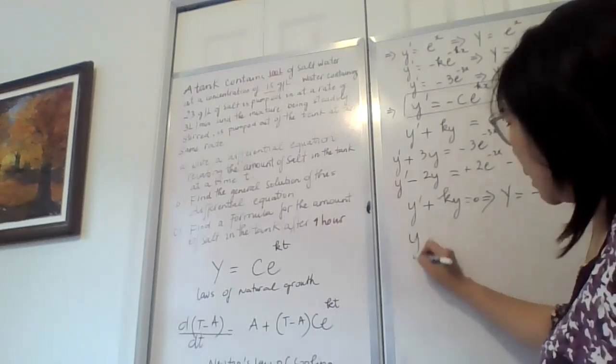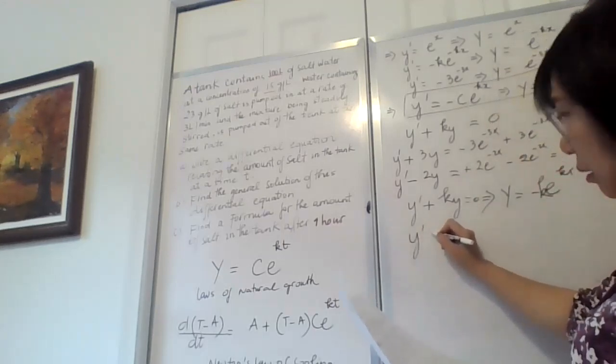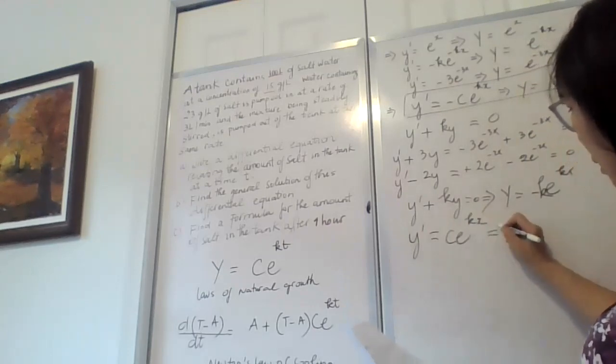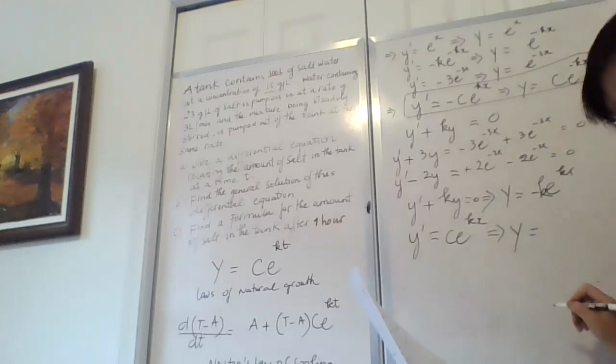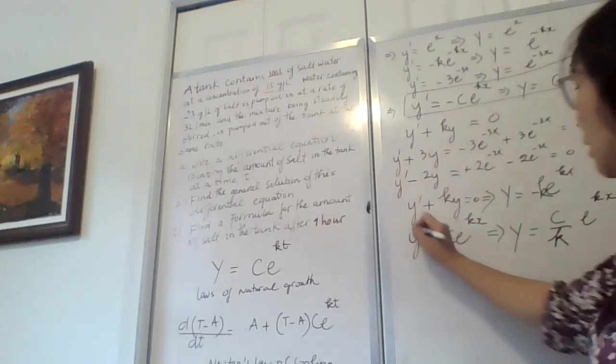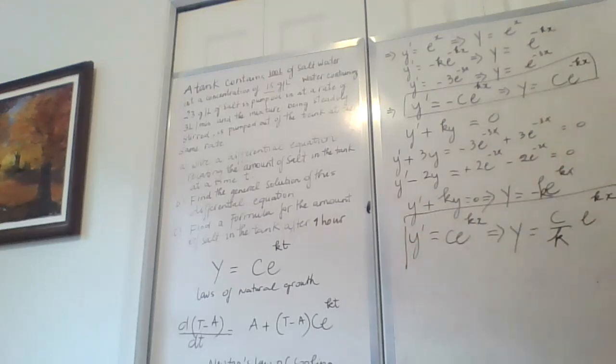And if your y prime equals C e to the kx, then your y will be equal to C over k e to the kx, right? So all of that will be your equation.